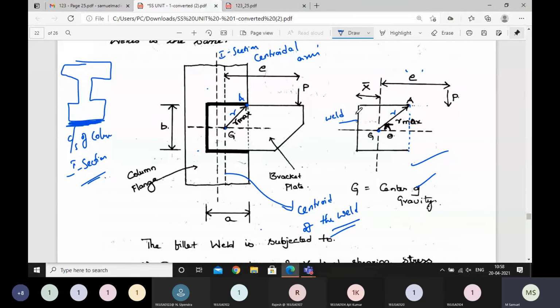And the distance between the left side end of the weld to centroid is x bar. ఇది ఇంకో డిస్టెన్స్. ఓకే, ఇక్కడ నుంచి ఇక్కడికి అంటే దిస్ డిస్టెన్స్ ఈస్ x bar. Okay, that distance is x bar.